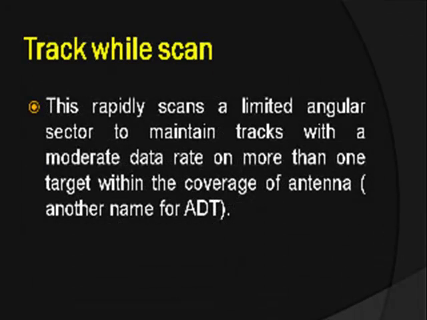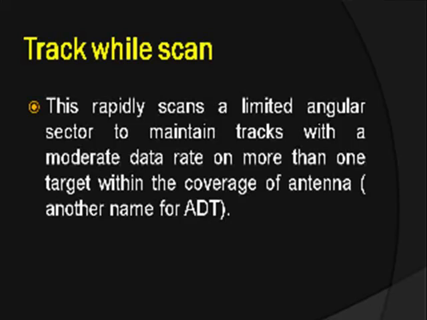Track while scan is the old name of this tracking radar. That means while scanning is going on, tracking is also done. The present day name of this is the automatic detection and track. So by this we can understand that basically there are three types of tracking radars.